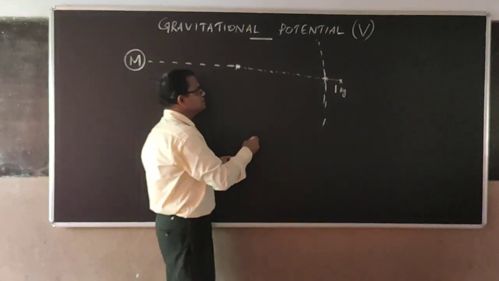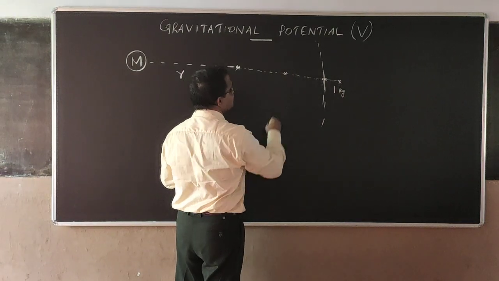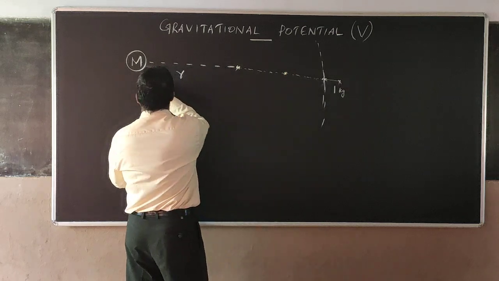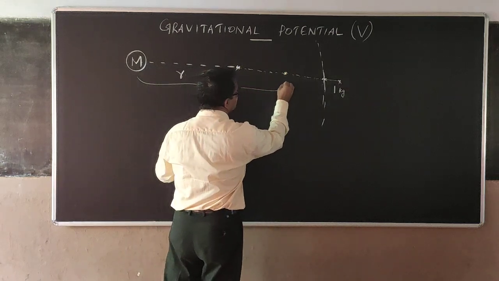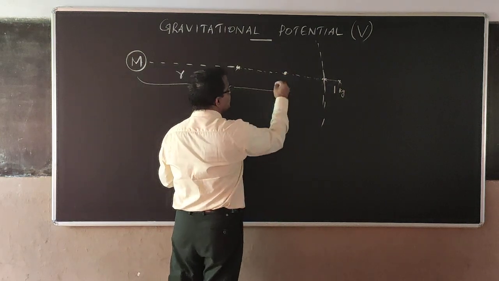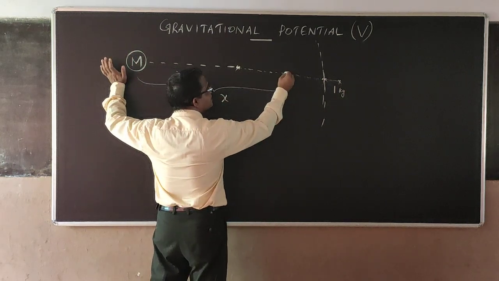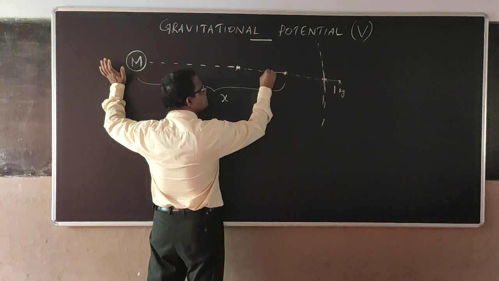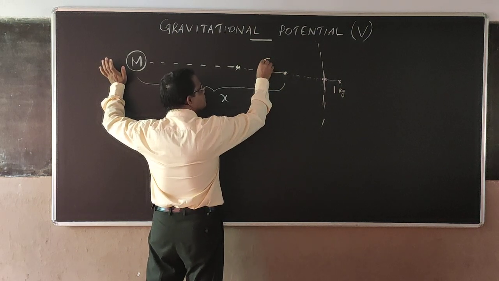Let us see how it works. If I take an in-between point somewhere, at a distance x, at this particular point there is a small force acting, and that force will be along this particular direction.